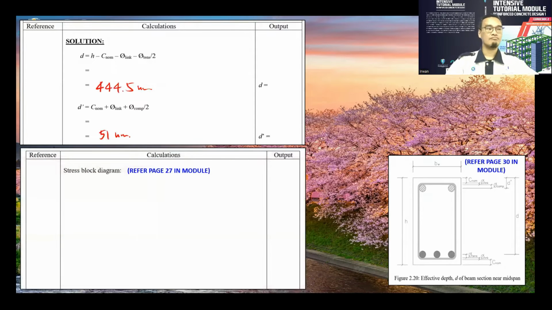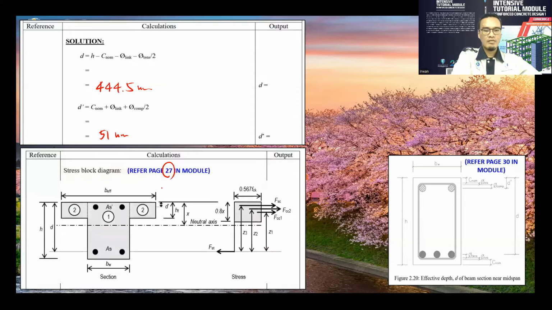Now you have to sketch the stress block diagram. You can refer to page 37 in the module. It will look like this. Just like before, we have the FST from the tension steel, then we have the FCC1 from the concrete compressed inside the web, and FCC2 to consider the area of concrete compressed in the flange.